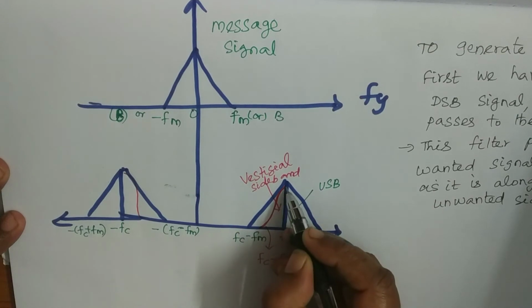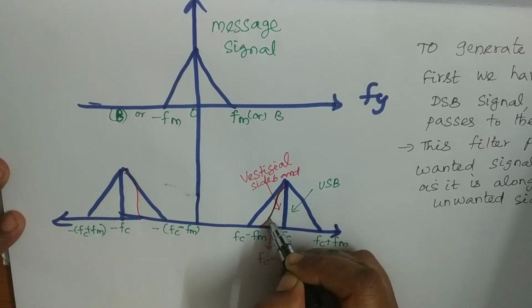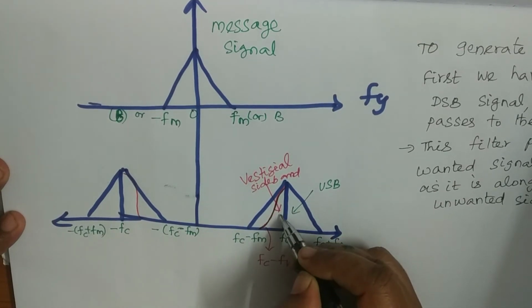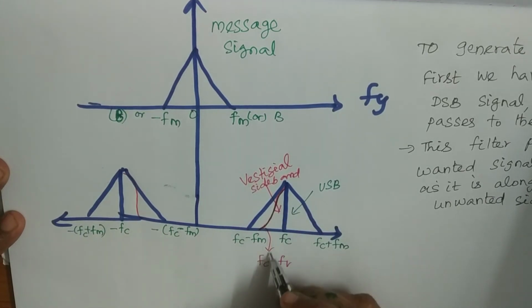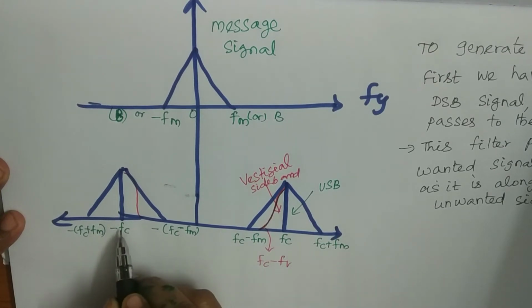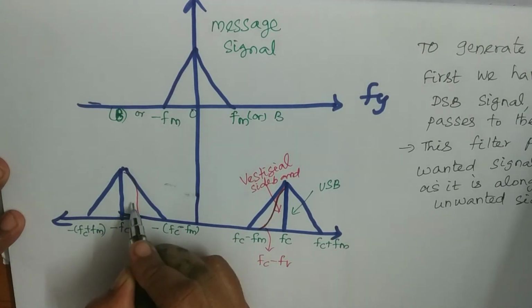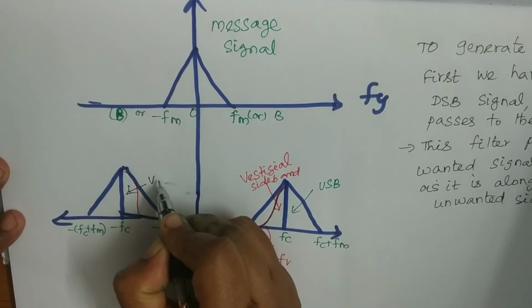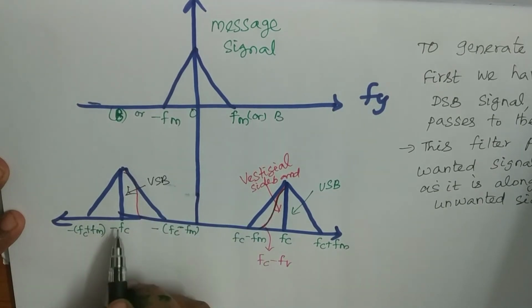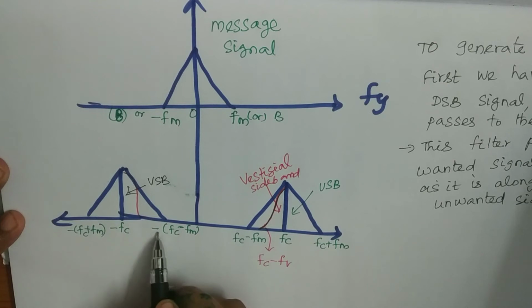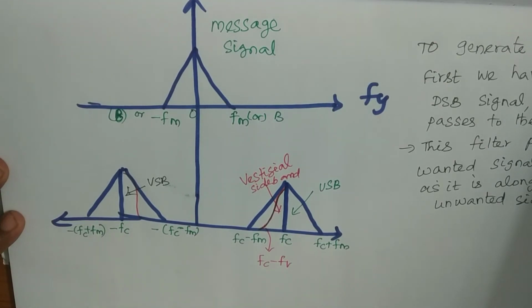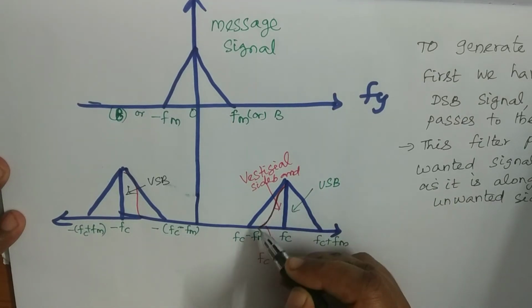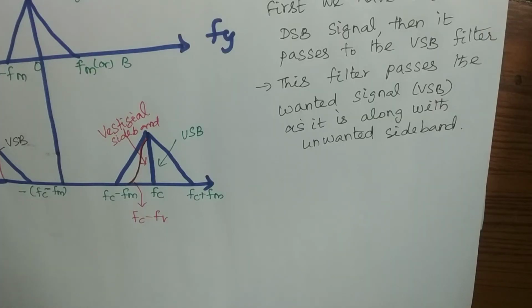Here the VSB signal is generated like this. This portion is the vestigial sideband portion, and the frequency for this one is fc minus fv. Then this is the lower sideband. On the negative side, this portion is minus fc, minus of fc minus fm, minus of fc plus fm. This is the vestigial sideband portion.